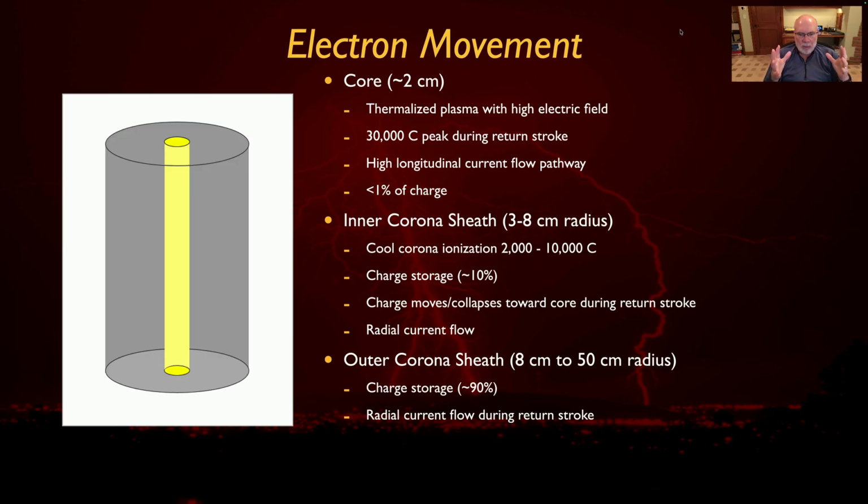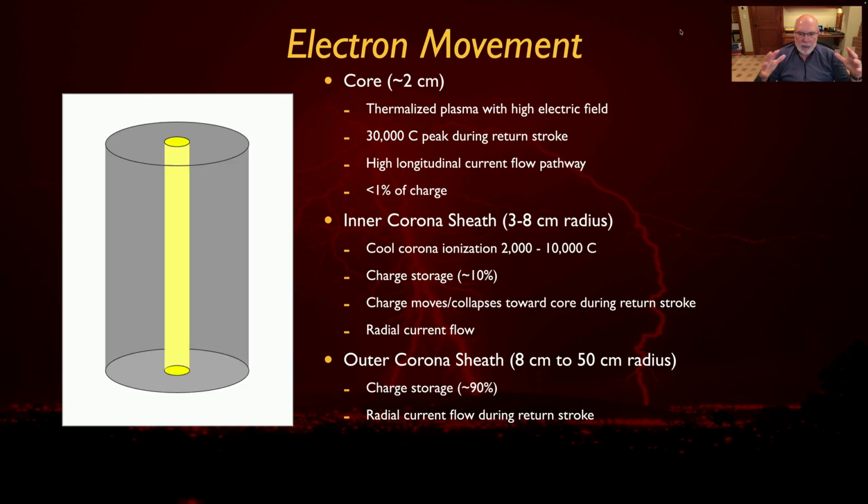And when there's a return stroke, this charge collapses or moves inward towards that core. And in the core, we get these longitudinal current flow, but in the sheath during the return stroke, we get a lateral current flow, or radial current flow that moves inward towards that core.